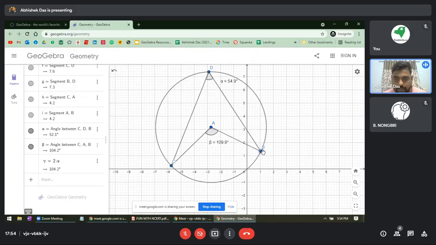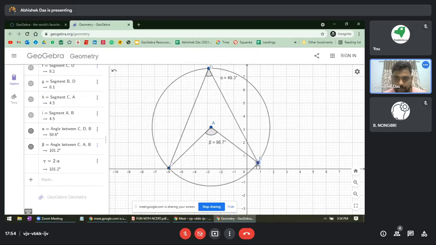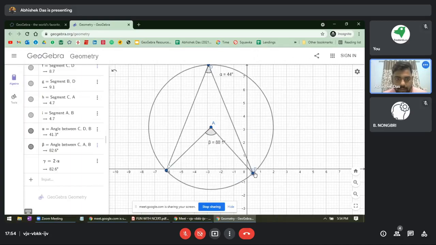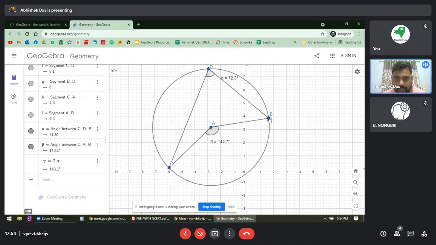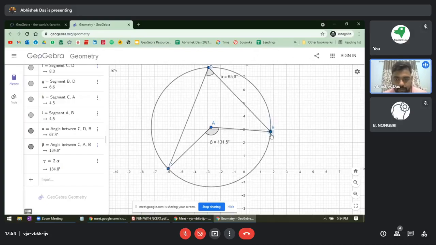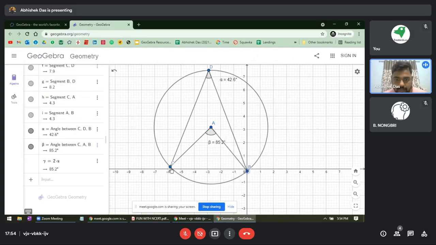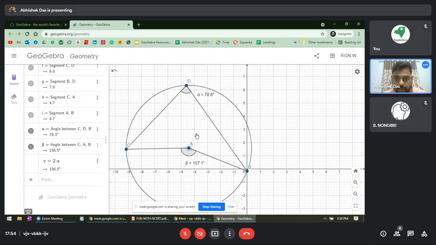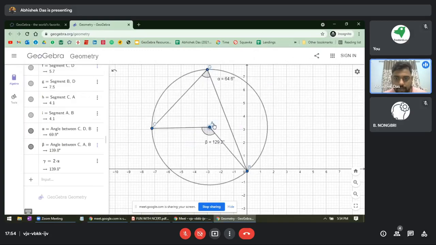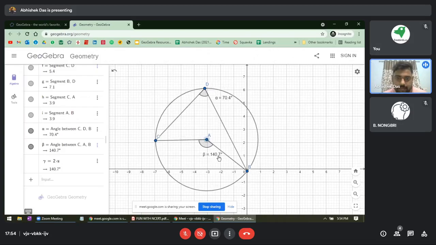Now let me move this B point out here. You can see, even though the angle changes, the property which states that alpha would be beta upon 2 still remains, right? It still holds true. You can change over here also. But it's clear to see, right?